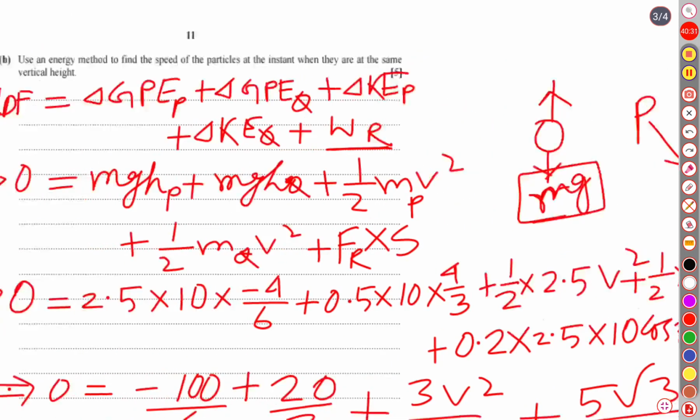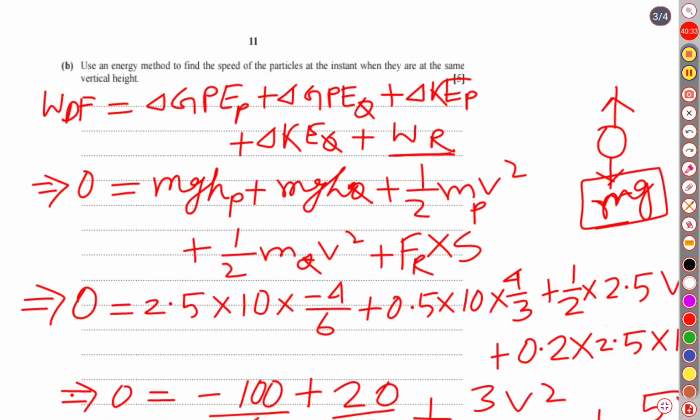The confusion may arise. We know the energy method. They told us to find the velocity using the energy method. The energy method is: work done by the driving force equals change in GPE plus change in KE plus work done by the resistance force.